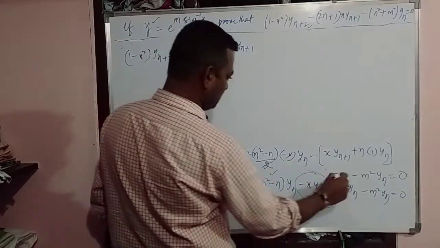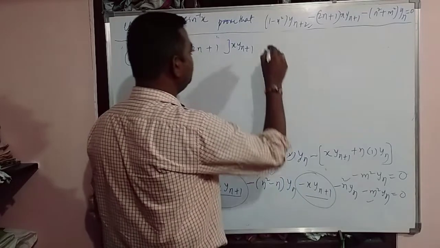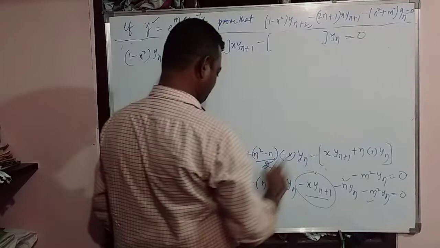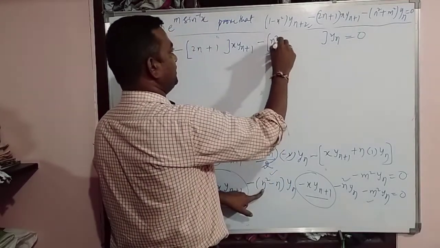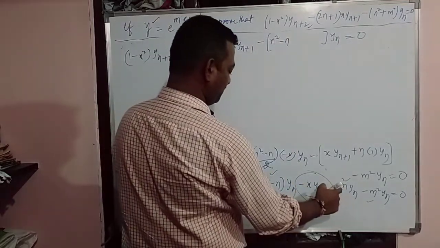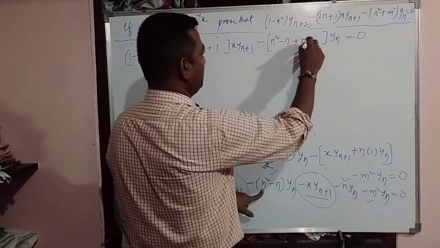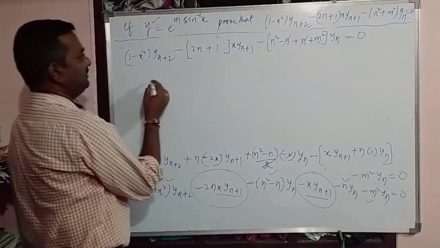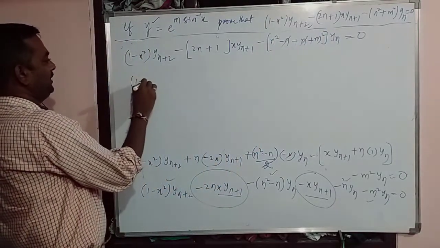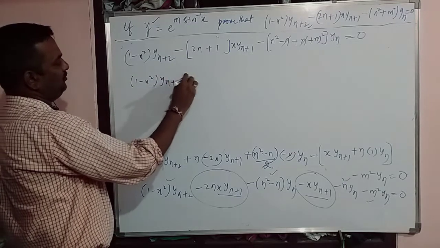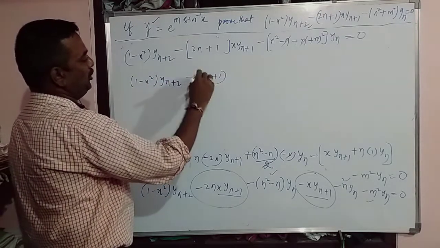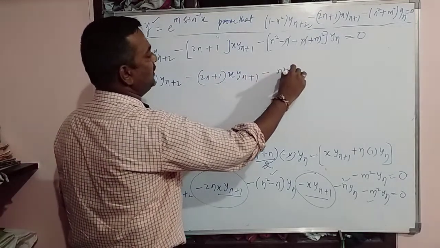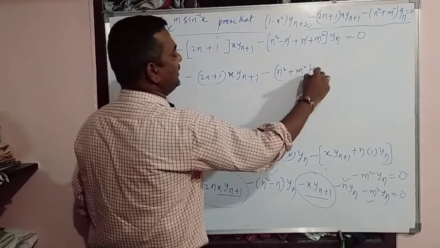Next, in the third, fifth and sixth terms, minus yn is common. What is remaining here is n square minus n. By taking minus n outside, this is plus n plus m square. So minus plus get cancelled, minus n plus n. So finally (1 minus x square) into yn plus 2 minus (2n plus 1) into x yn plus 1 minus (n square plus m square) into yn is equal to 0.